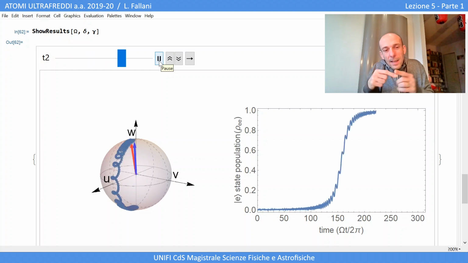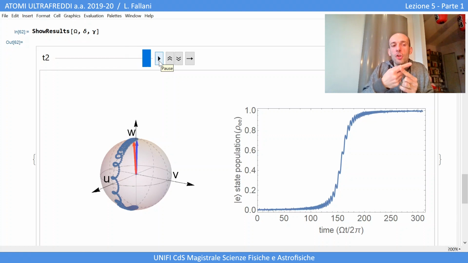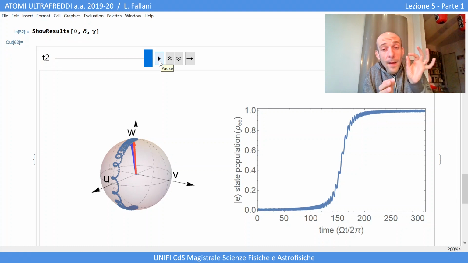Basically the blue vector follows the change in orientation of the red vector. At the end you can see that, with very small residual oscillation, the state of the system changes from the G state initially to the E state finally.